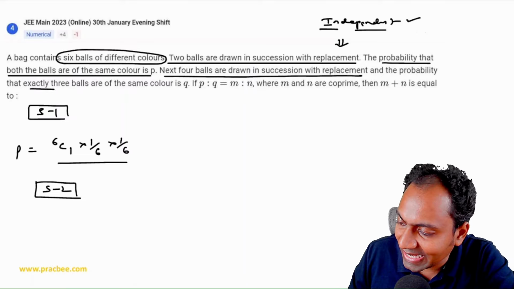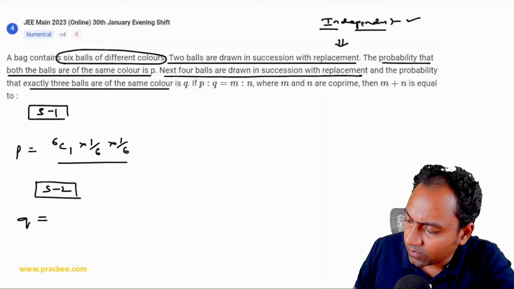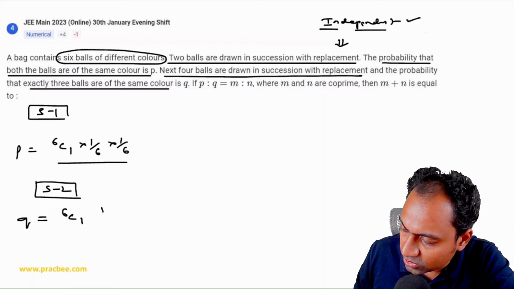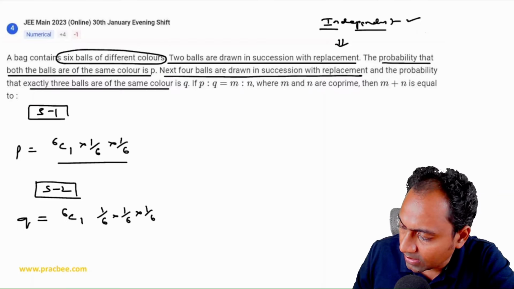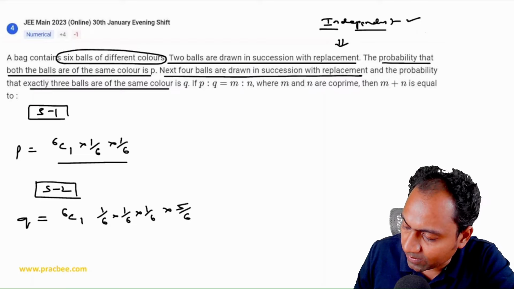The probability that exactly 3 balls are of the same color. Now for finding this probability Q, out of 6 colors we can choose one color. Let us say that the first ball came out to be that color, the second also the same, the third also the same, and now the last ball not being of the same color would be 5 by 6.